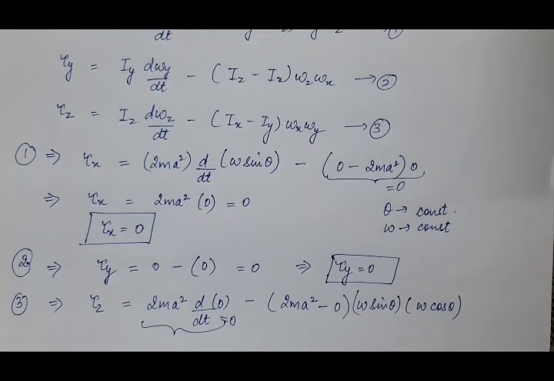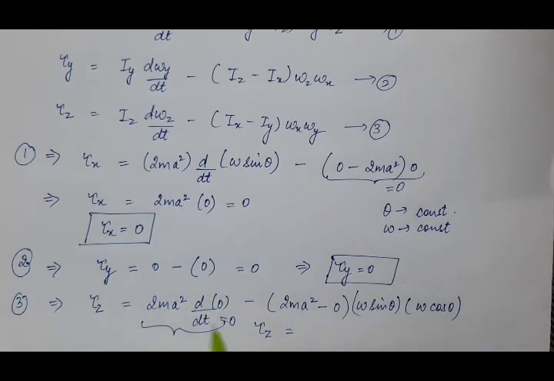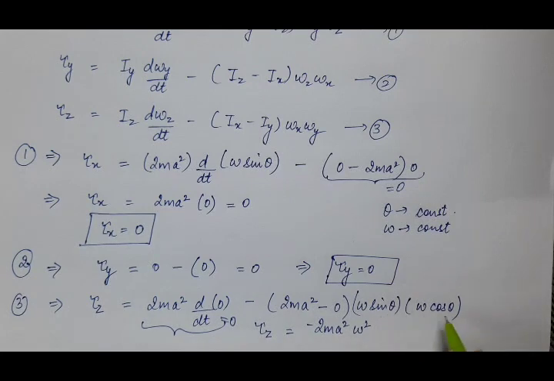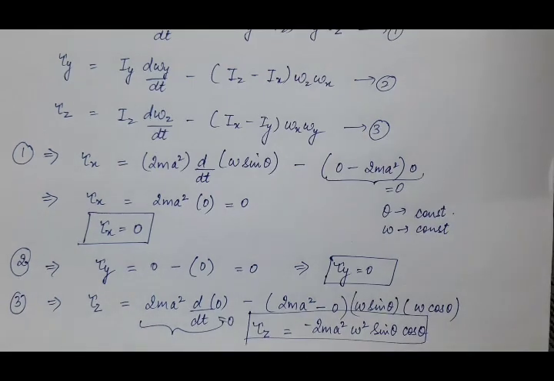So what is the z component of torque? Tau z is equal to, the first term is 0. So here we have 2ma square minus 0 will be 2ma square minus 2ma square. This omega into omega will be omega square sine theta into cos theta. So this is the z component of torque. So only the z component of torque is non-zero.